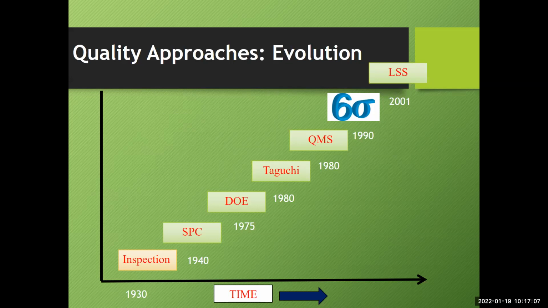I will take a few minutes on the evolution of quality approaches, how they evolved and what the further need is. When industrialization happened, earlier, whatever a company manufactured was absorbed by the community, because demand was high and there were no competitors.